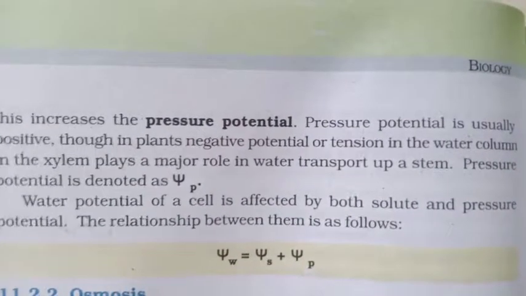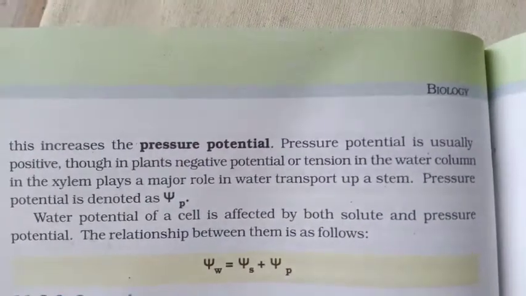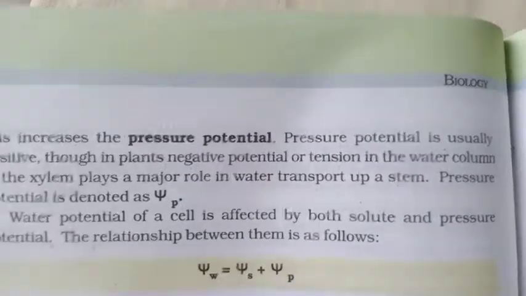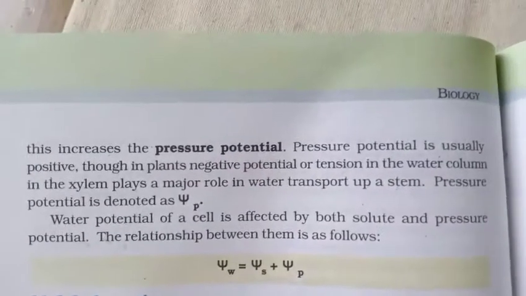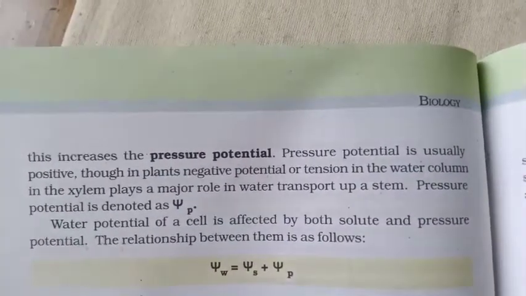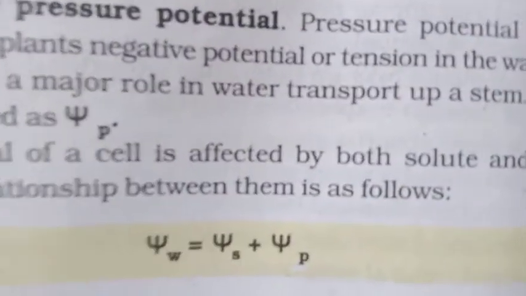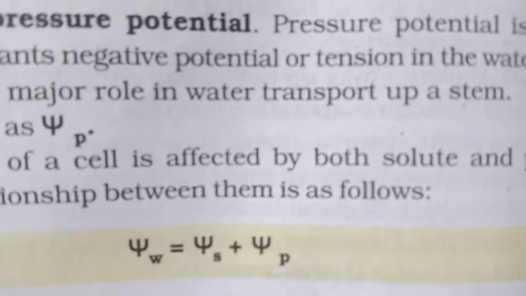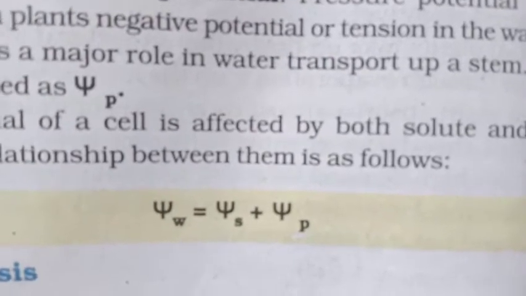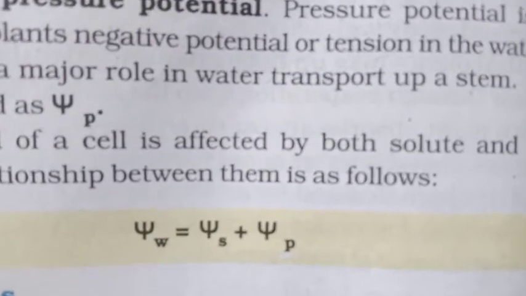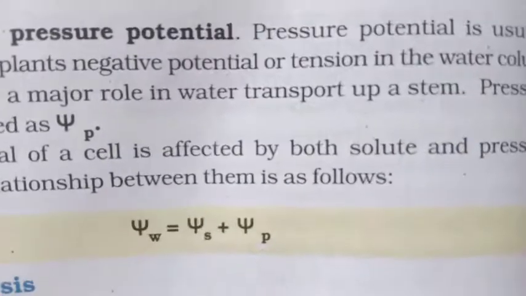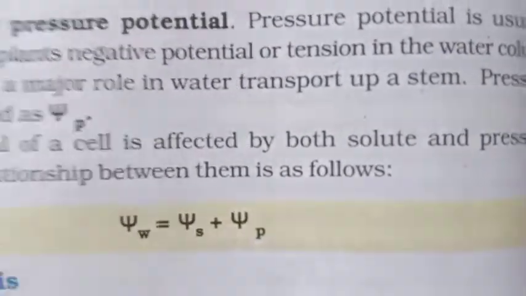Water potential of a cell is affected by both solute and pressure potential. The relationship between them is as follows: water potential, psi w, is equal to solute potential plus pressure potential.